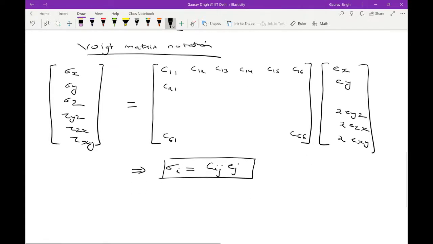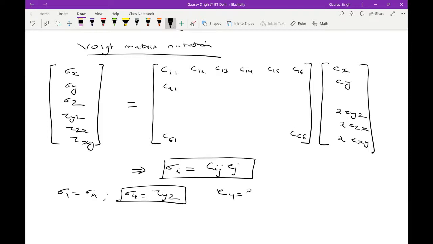So clearly sigma 1 is equal to sigma x, sigma 4 is equal to tau yz, okay, and E4 is equal to 2 EYZ, and E2 is equal to EY, and so on. Okay, so I hope this is easy to see.